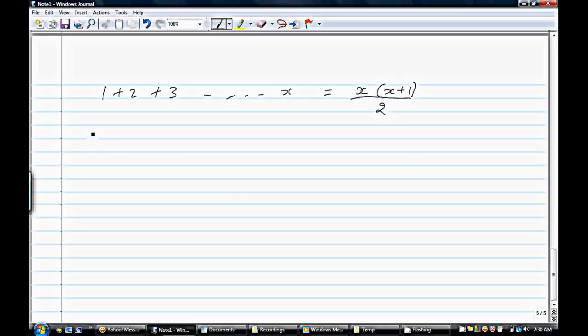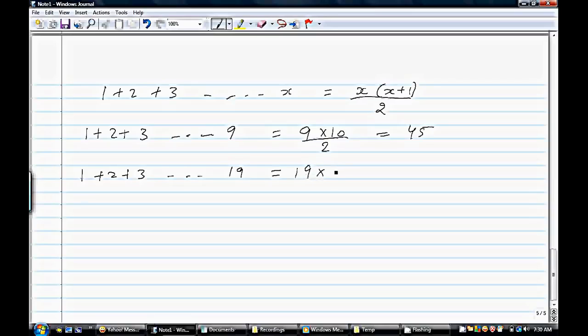For example, if I have the numbers 1 plus 2 plus 3 up to 9, then all I have to do is multiply 9 by 10 and divide by 2. So that will be 45. Similarly, 1 plus 2 plus 3 up to 19, all I have to do is 19 into 20 divided by 2.